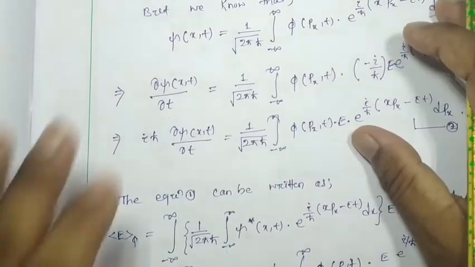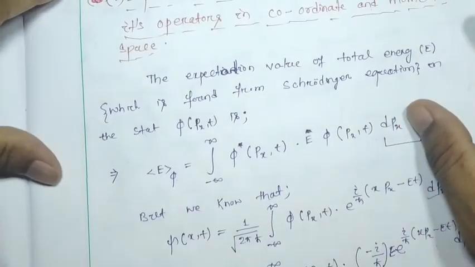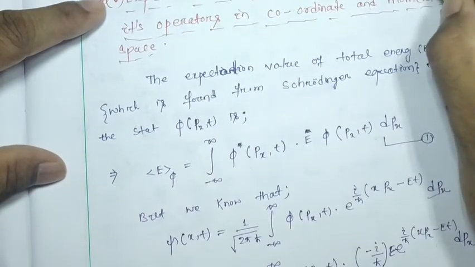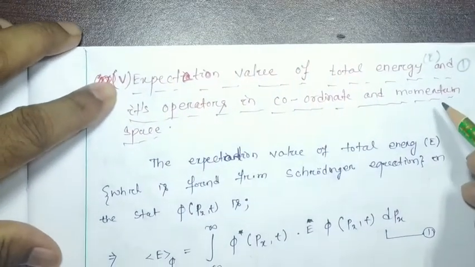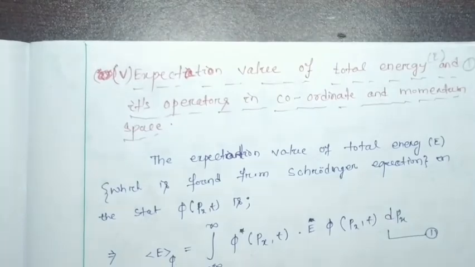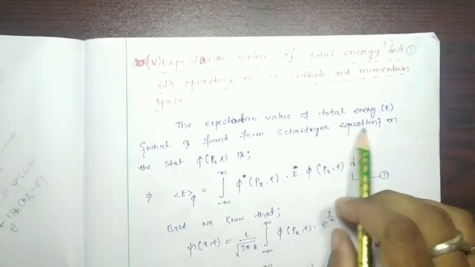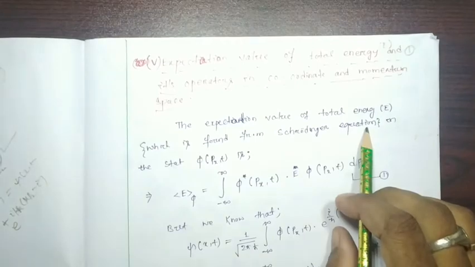Now we have to move towards total energy, that is E. You may remember one thing from the Schrödinger equation.